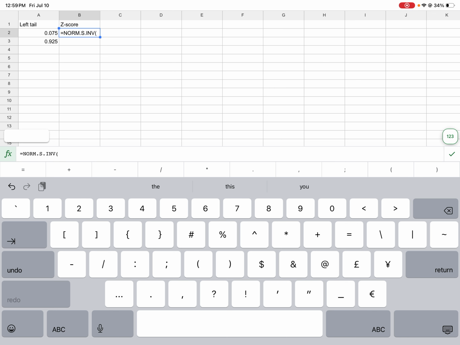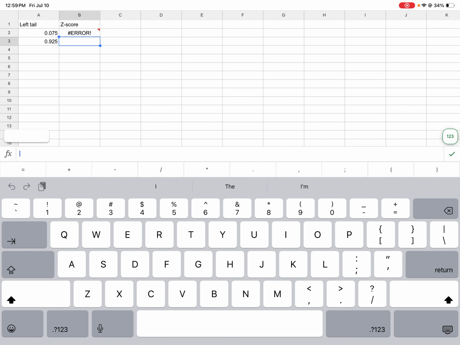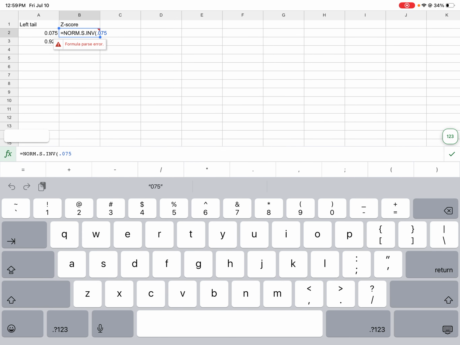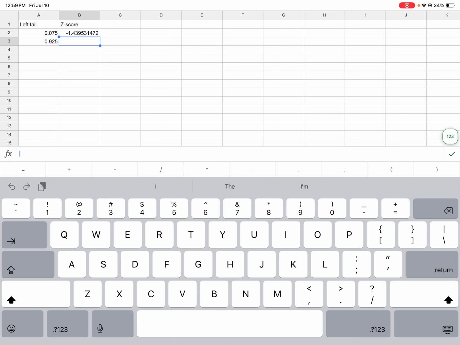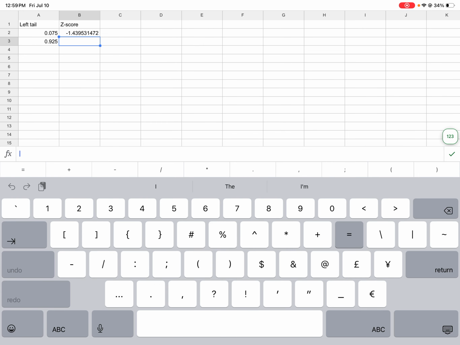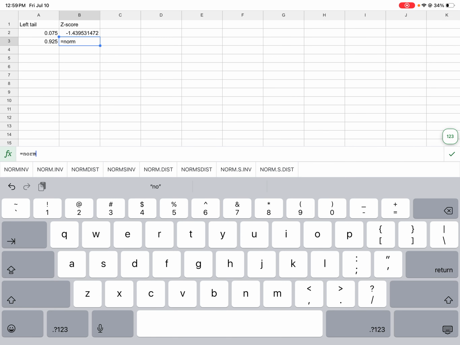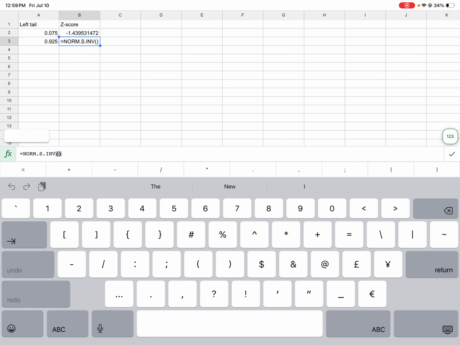Now let's go get the NORM.S.INV for this first one, 0.075. Maybe I need to close the parentheses. Yep, there we go. And then down here, equals NORM.S.INV, and I'll put in my next left tail, 0.925.